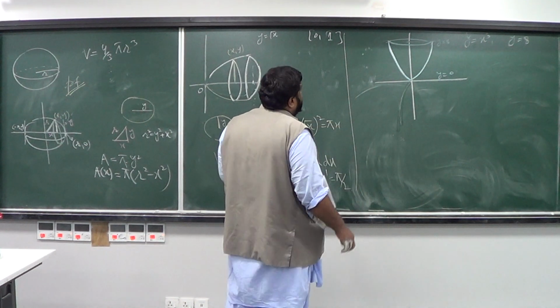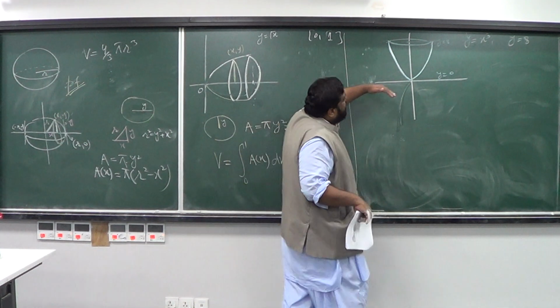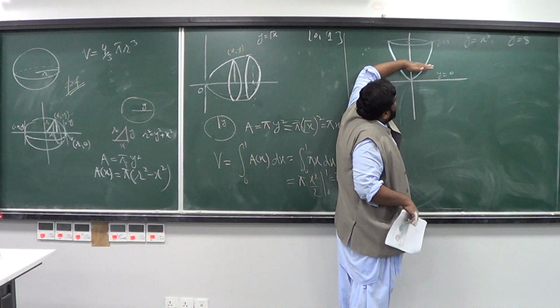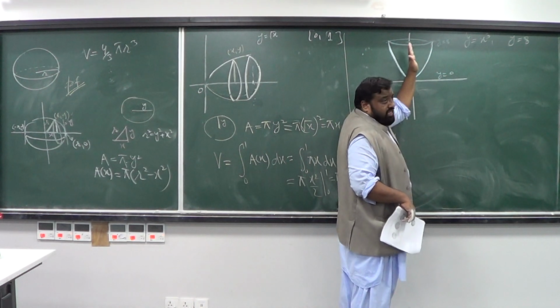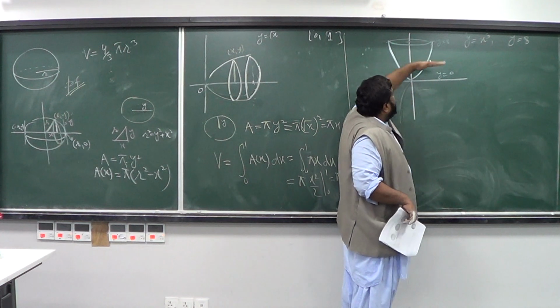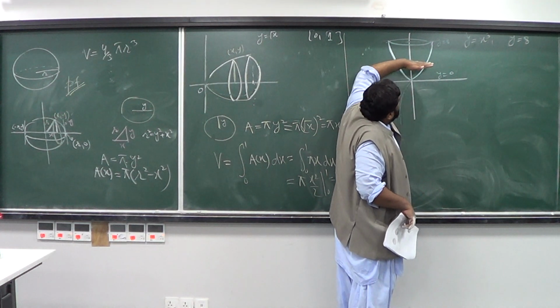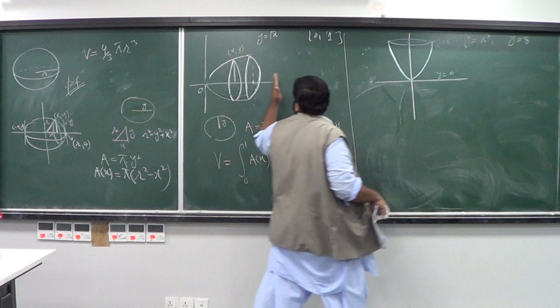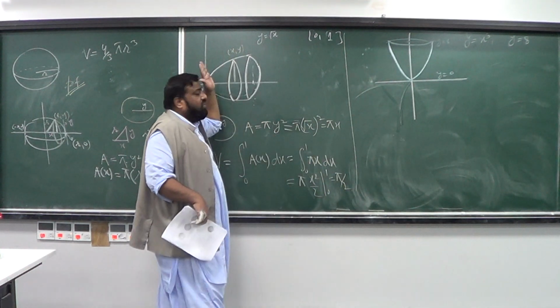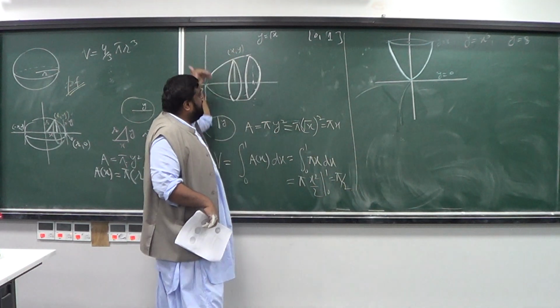So this time I need to slice not vertically. I can do it, it's not a big deal, but the better way would be to slice it horizontally. Previously you were slicing it vertically because the rotation was around x-axis.